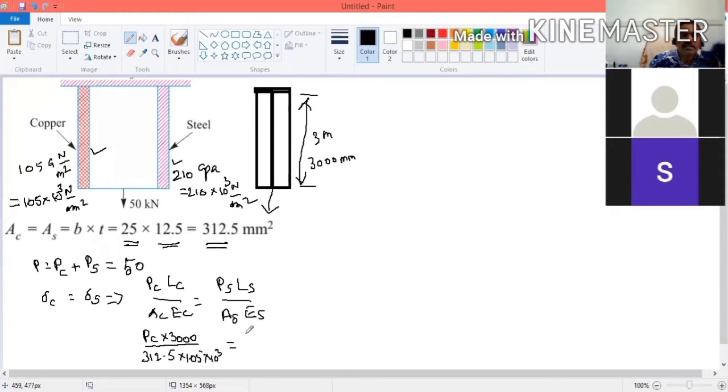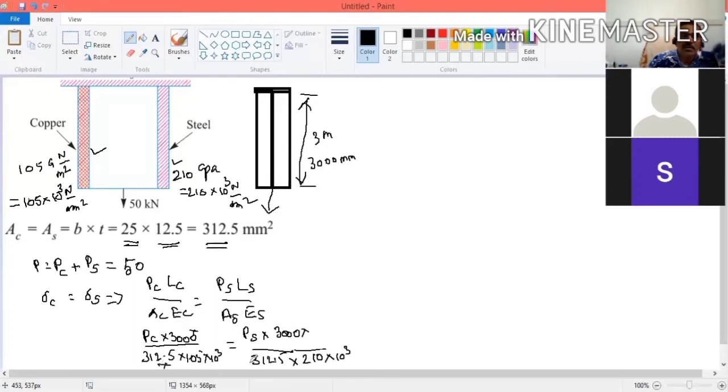This is equal to PS into 3000 divided by 312.5 multiplied by 210 into 10 power 3. Now what is the relation between PC and PS? Here 3000, here 3000, you can cancel.